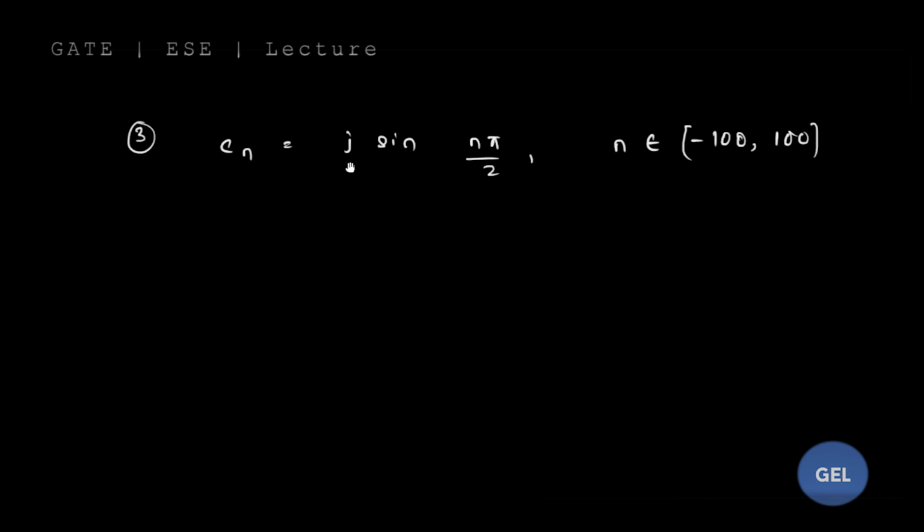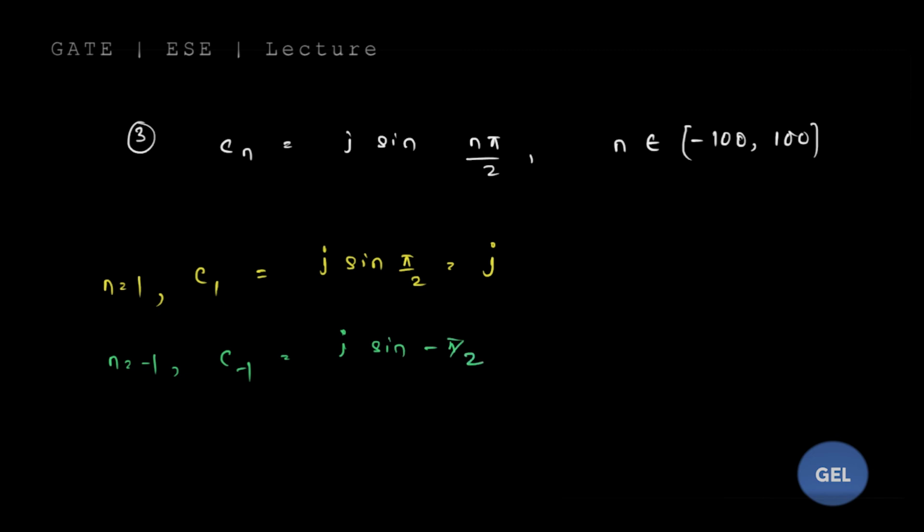Here cn is given as j sin n pi by 2, and n from minus 100 to 100 is defined. Now take c of 1 for n equals 1: it is j sin pi by 2, which is nothing but j. For n equals minus 1, c of minus 1 is j sin of minus pi by 2.